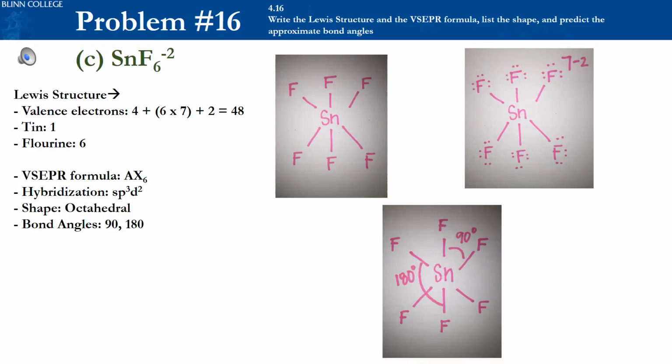This molecular shape is going to be an octahedral shape. And now going on to the bond angles, we're going to have angles between two adjacent bonds, which is 90 degrees, and between the opposite bonds, which is 180 degrees.